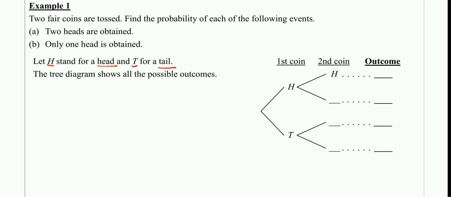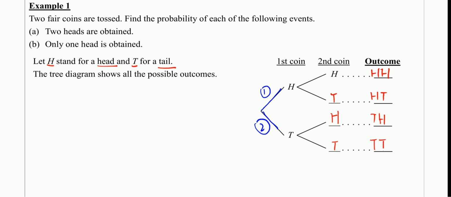For the first coin, if you get a head, for the second you can get either a head or a tail, so the outcome should be HH or HT. That is the first way, and this is the second way. If for the first coin you get a tail, the second is either head or tail, so again you write down TH and TT.